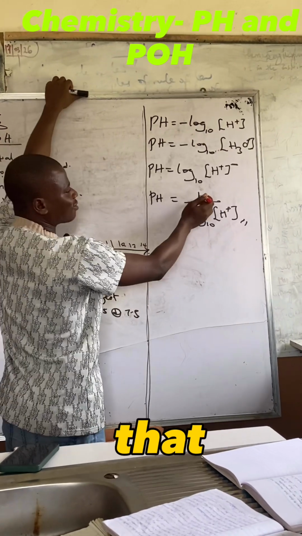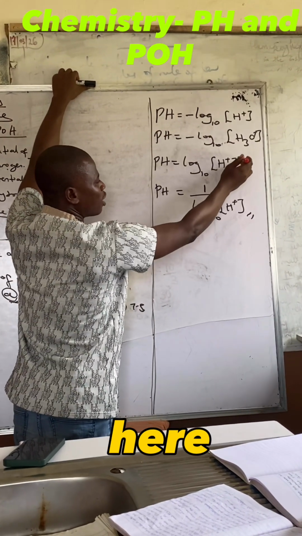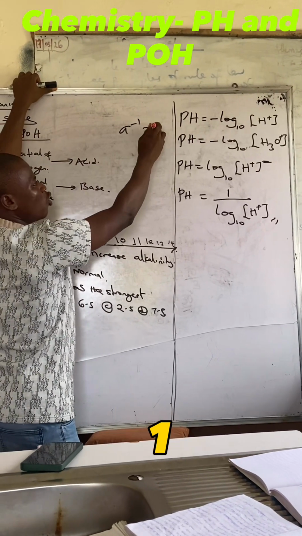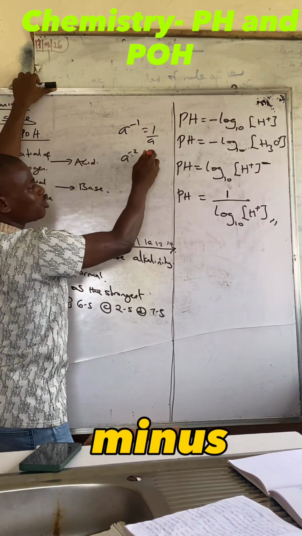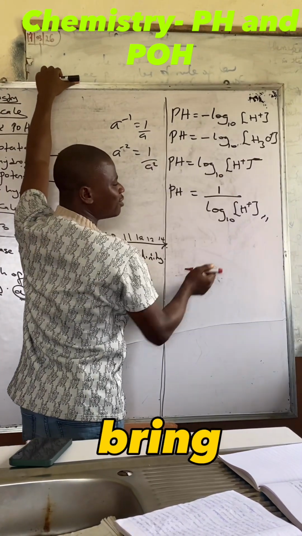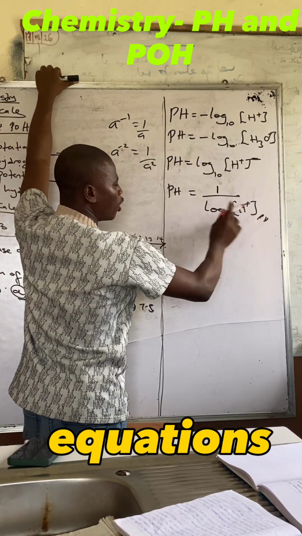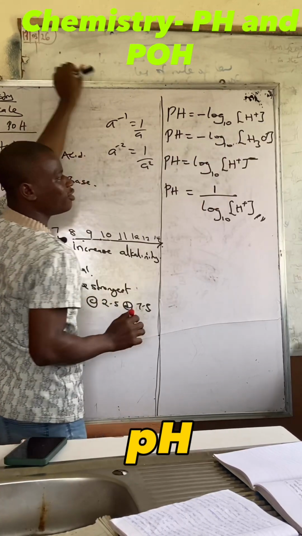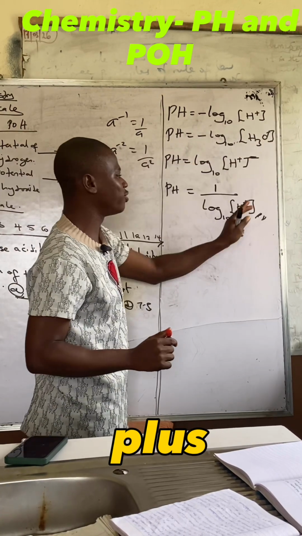We get that because of the minus here. Anyway, you see my laws of indices, A raised to power minus 1 means 1 over A. A raised to power minus 2 means 1 over A raised to power 2. So because of this minus, just bring everything down. You can use these equations to look for your pH. Likewise, solve the same way for your pH of H3O plus.